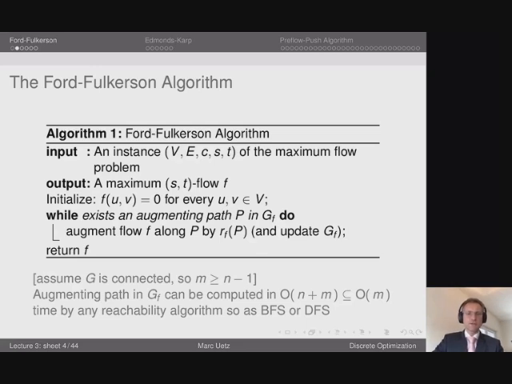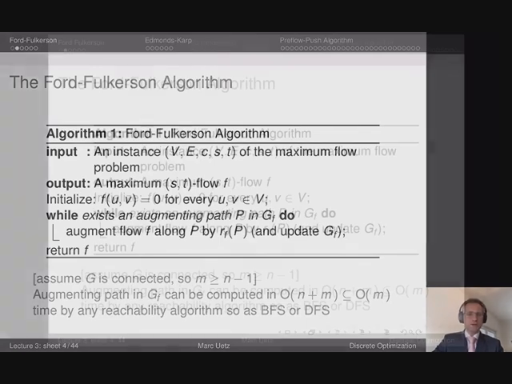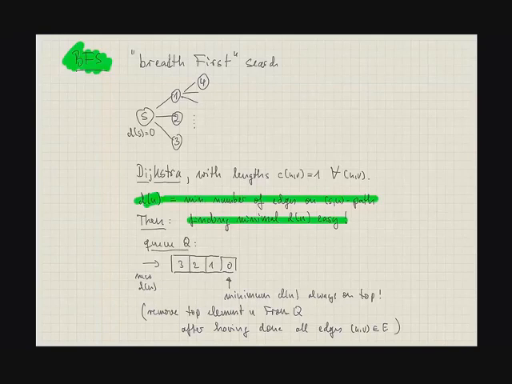Let me just briefly explain what BFS is. If you look at this picture, you can think of breadth first search as starting with a source vertex and then scanning the whole neighborhood of the source vertex, and then scanning the neighborhood of the neighbors of the source vertex, etc. So if you find by this process the target vertex T, you will have found an augmenting path, because these edges here refer to edges in the residual graph.